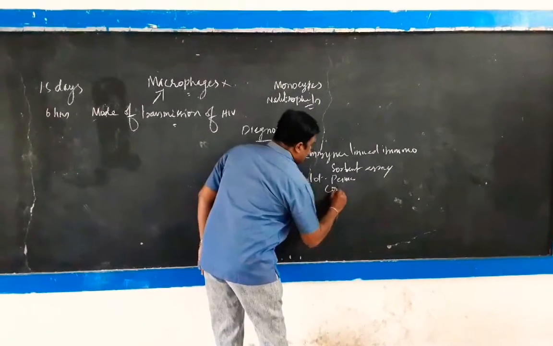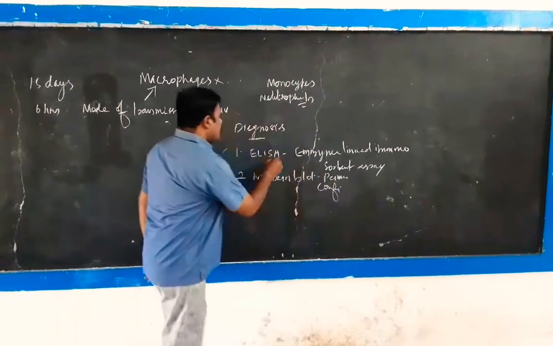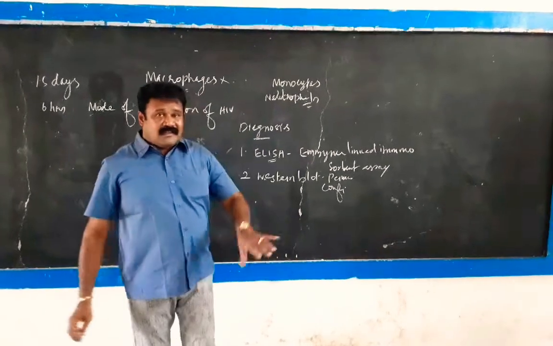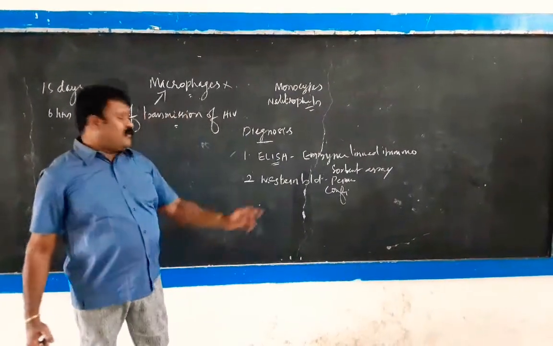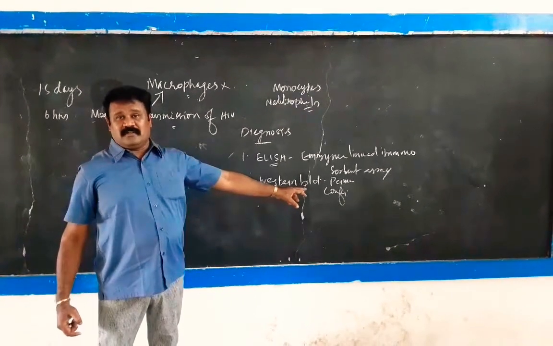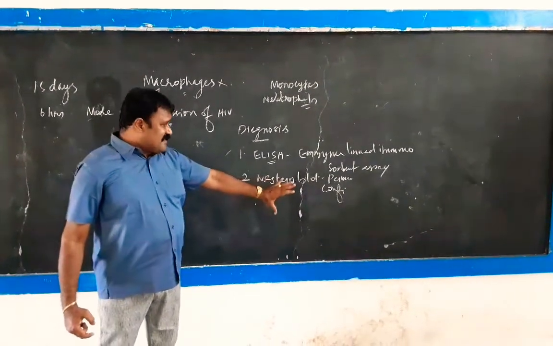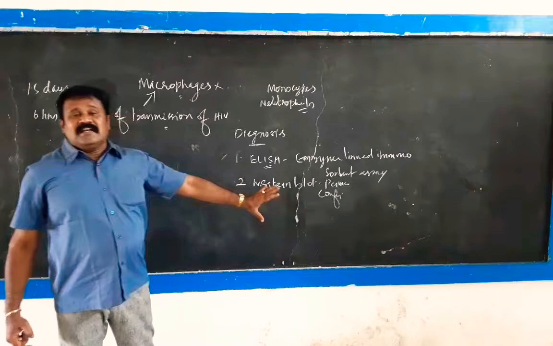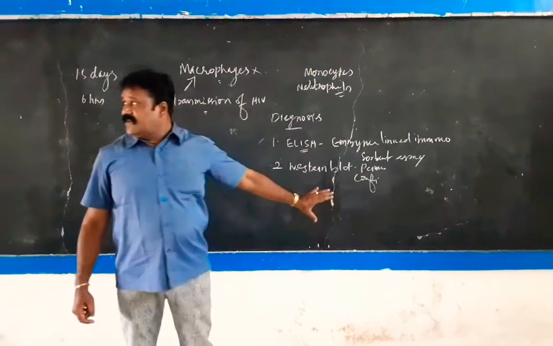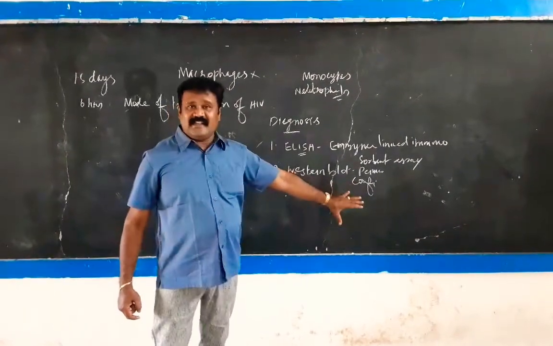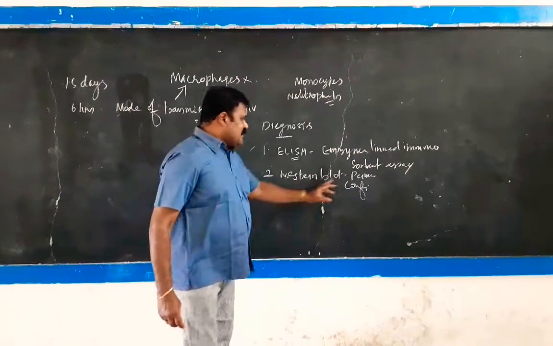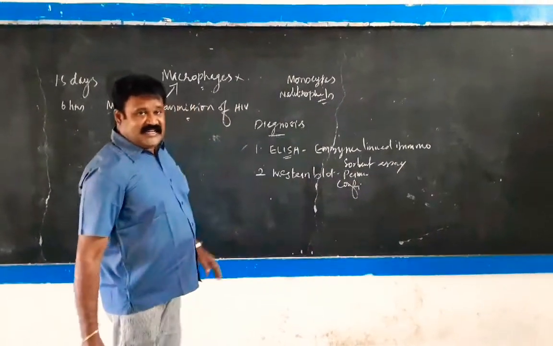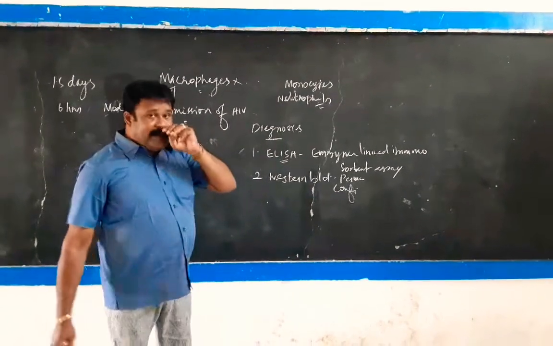Even ELISA may give wrong information, but to know whether we have AIDS or not, we should undergo the Western blot test. If the Western blot result is positive, the person has AIDS. If it is negative, the person does not have AIDS. So this is the confirmatory test for the detection of HIV.